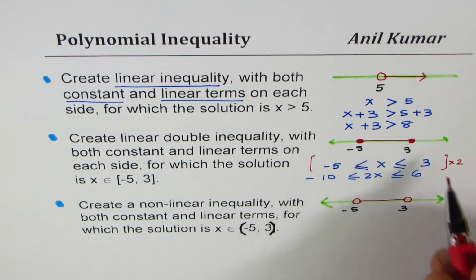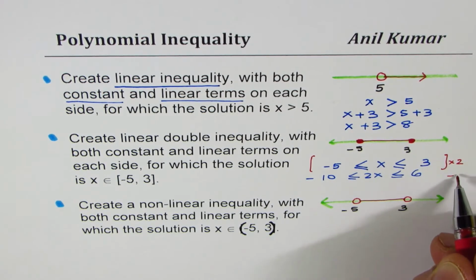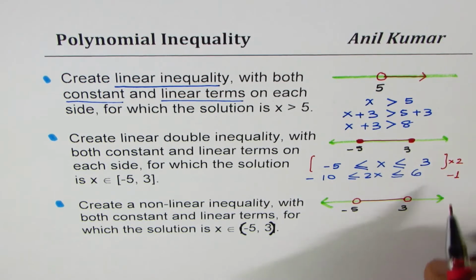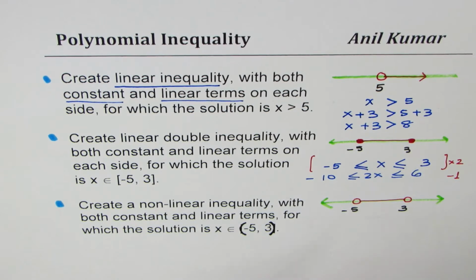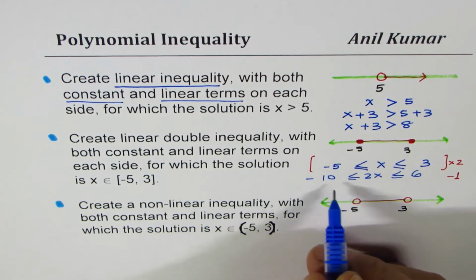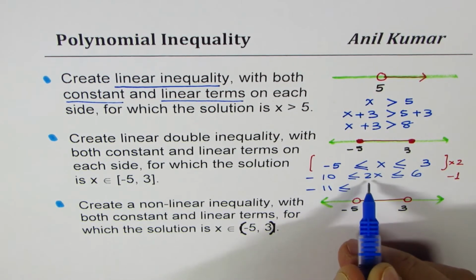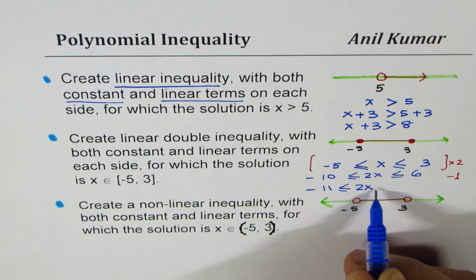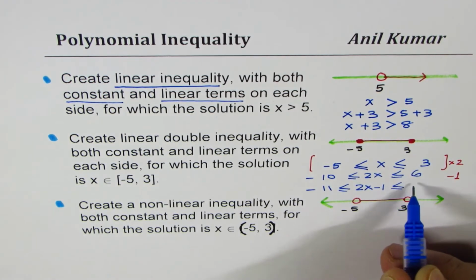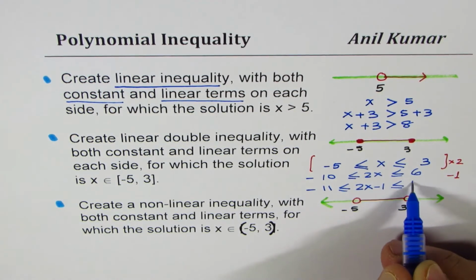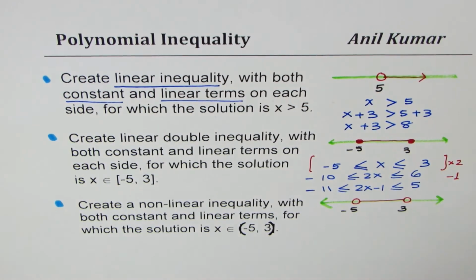Now at this stage, we could actually take away something, right? Let's say take away 1 from both sides. Whatever we do, we do for all terms. If I subtract 1 here, I get -11 is less than or equal to 2x minus 1, which is less than or equal to 6 minus 1, which is 5. I hope that makes sense, right?